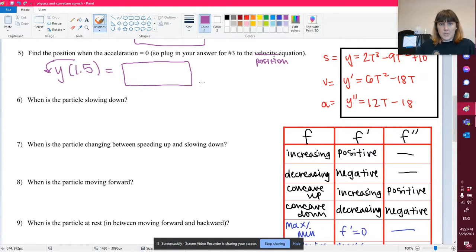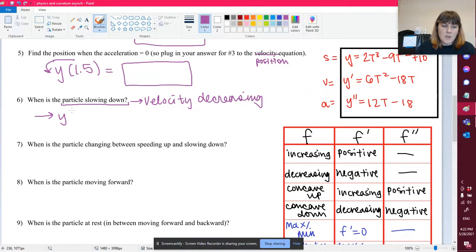Now we need to do some interpretation. Now we need to say, when is the particle slowing down? Just like we did in the finding all key points assignment, we want to rewrite this question so that we know how to answer it, right? Things are slowing down when their speed is decreasing. It seems fair.